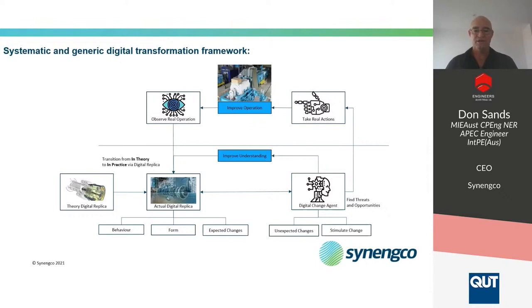We can then use a digital change agent on that digital replica to basically stimulate change. So we can look for opportunities to improve. We can try lots and lots of different scenarios, and we can use optimization to find a better way to operate, or to maintain, or to construct, or to run our business processes.